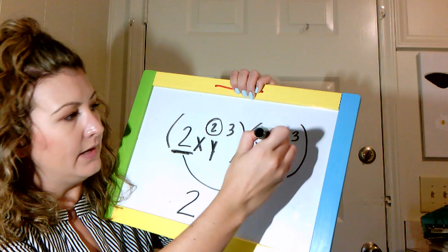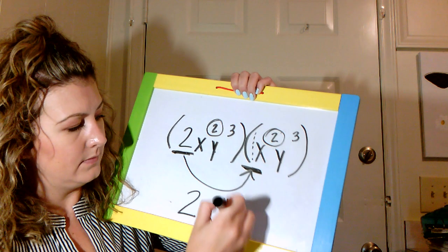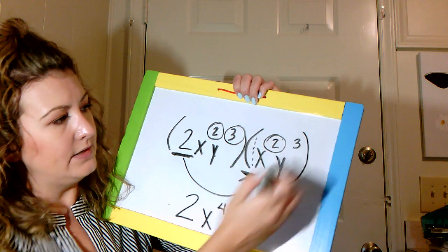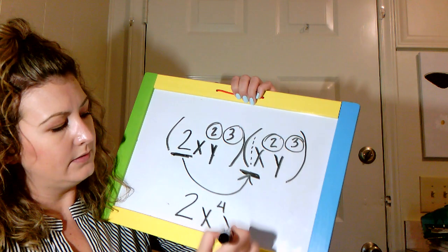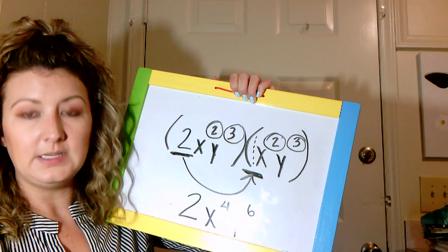So if I have 2x's here and 2x's here, I have 4. If I have 3y's here and 3y's here, I have 6. So all you do is multiply your coefficients, add your exponents. If you have some where there's nothing to add to, just rewrite it.